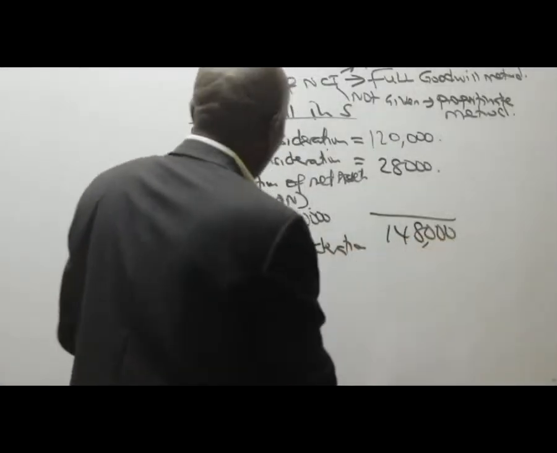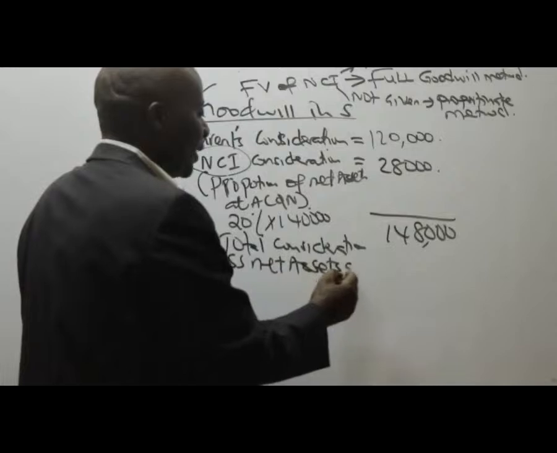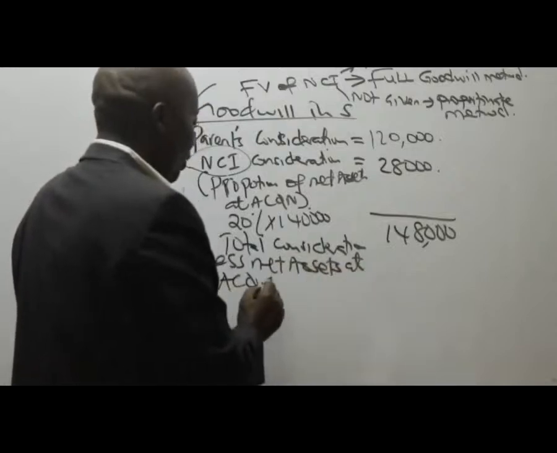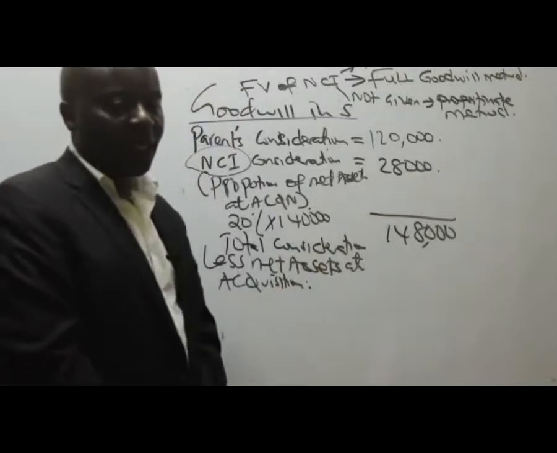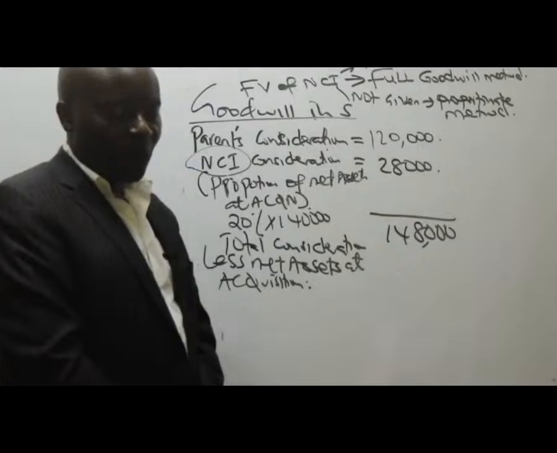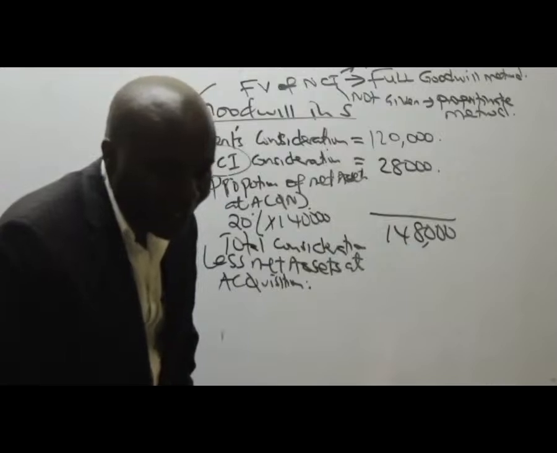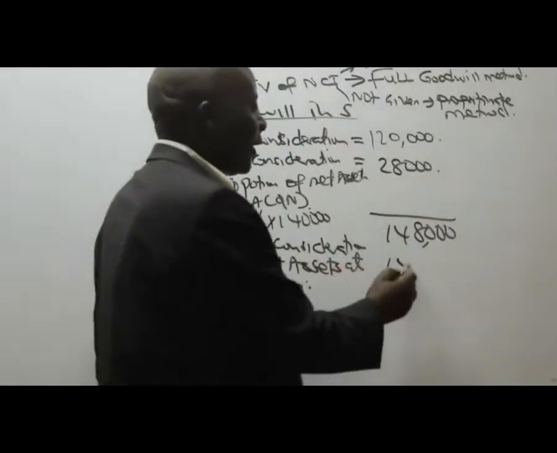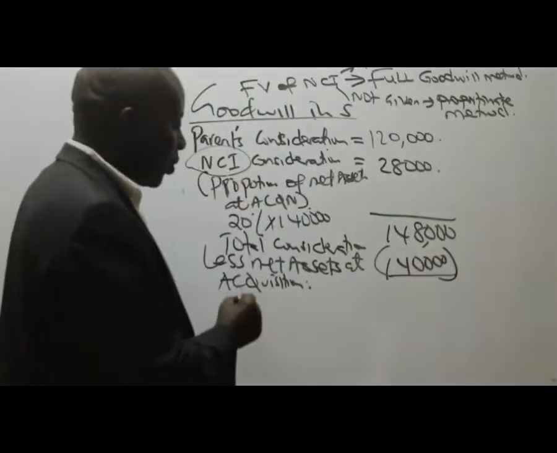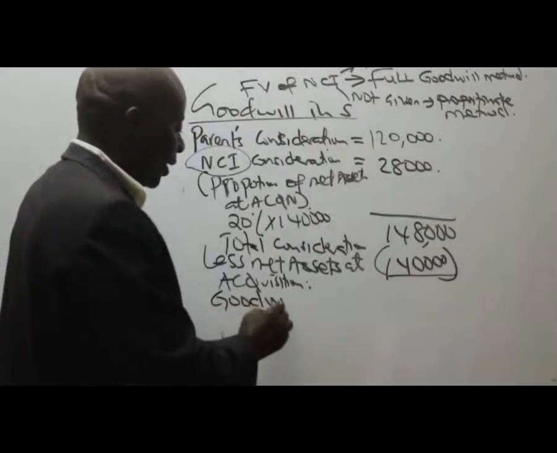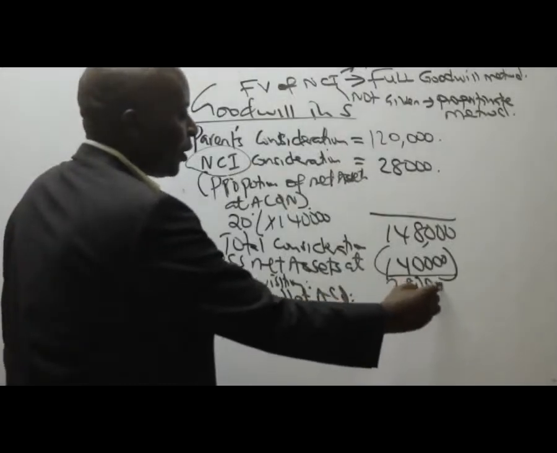And then you less net assets at acquisition, for which you gave me a figure of 140,000. When you subtract these, you get what we call goodwill at acquisition, of 28,000.